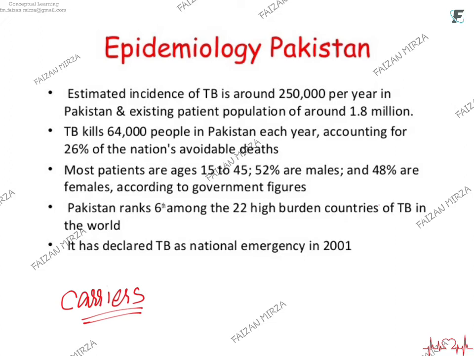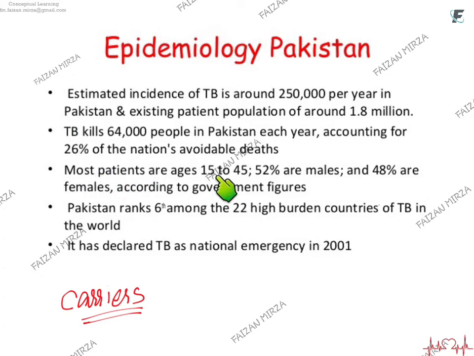That's pretty big. TB kills about 64,000 people in Pakistan each year, and 26% of the nation's avoidable deaths. These deaths could have been avoided, or could still be avoided, if TB is eradicated, or the incidence of TB is lowered somehow.